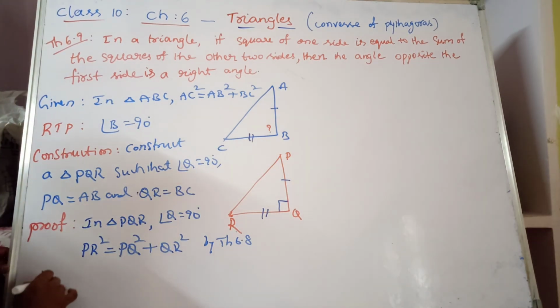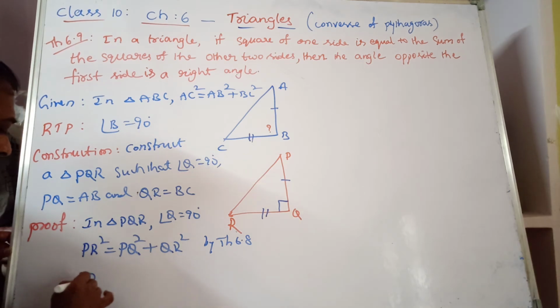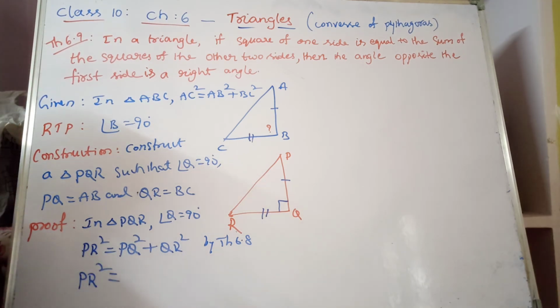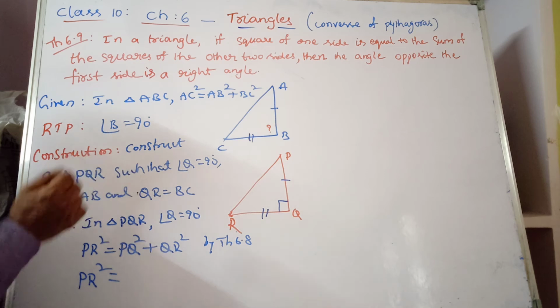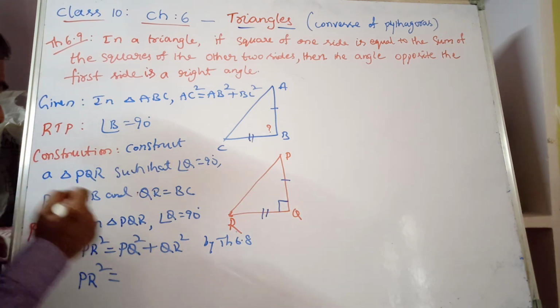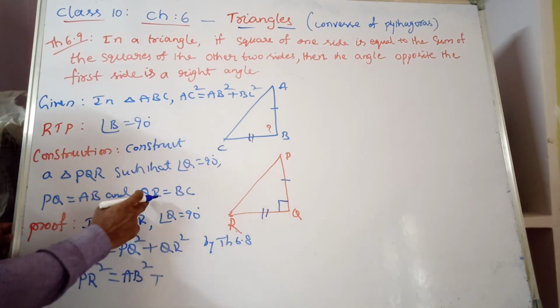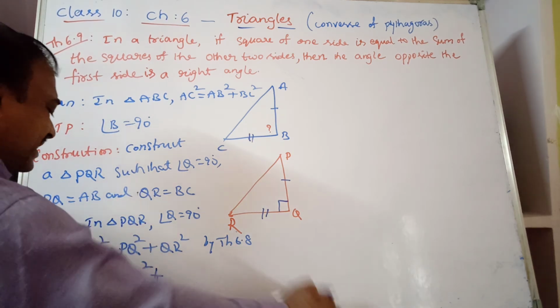But observe it. Now PR square is equal to, according to our construction, PQ is equal to AB, so I am writing AB square plus QR square, and QR is equal to BC, so BC square.